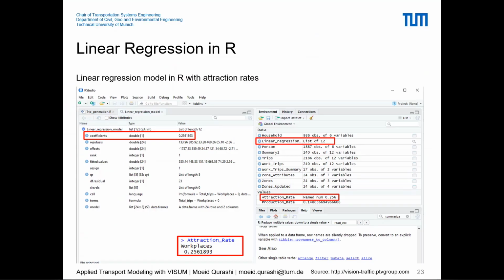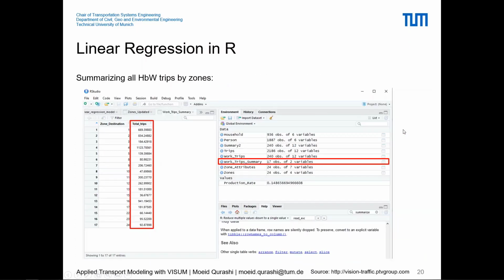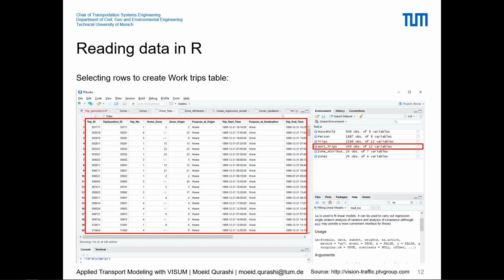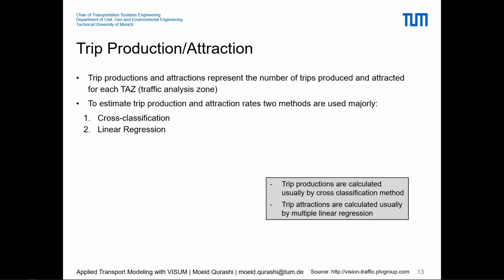So now you have understood how we can find the production and attraction rates for a given network using its trip survey data and zone attributes for each zone. Just to recap, we have been looking into two different types of production attraction evaluation methods: cross classification and linear regression.